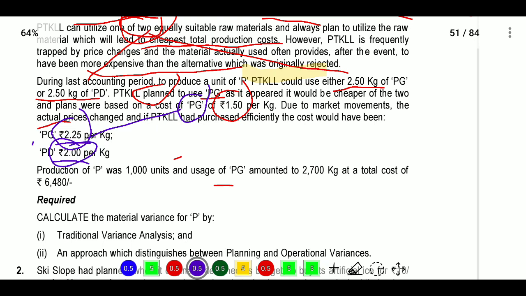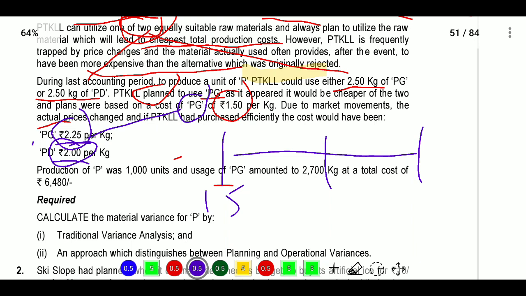For example, here we draw one line, and here we have two options. Firstly, we have the estimated plan of 1.5 rupees per kg of PG.